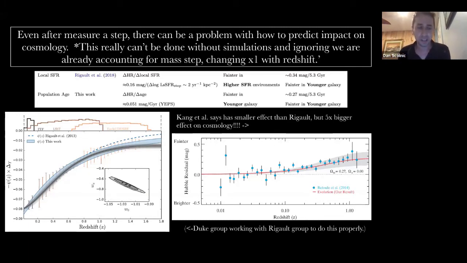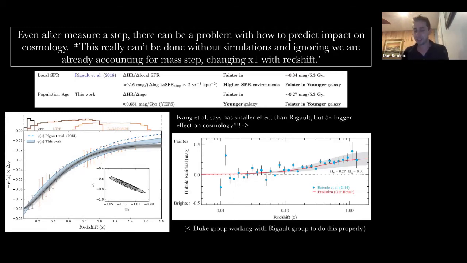Now in the Rigault et al. 2018 paper, they predict the cosmological bias on distance modulus, and that's what you can see on the bottom left. So they say, okay, we have this big effect, and I frankly think that even that effect is much bigger than what's in the data. But then they put that in, and they find the change in distance modulus from z equals 0 to z equals 1 goes from minus 0.08 to minus 0.03 or so.